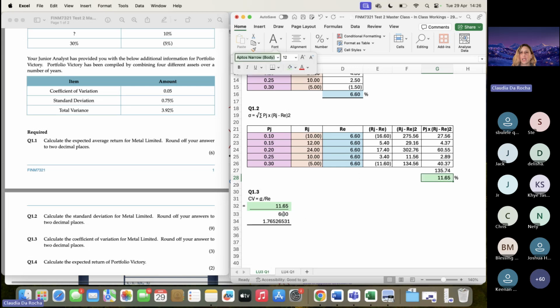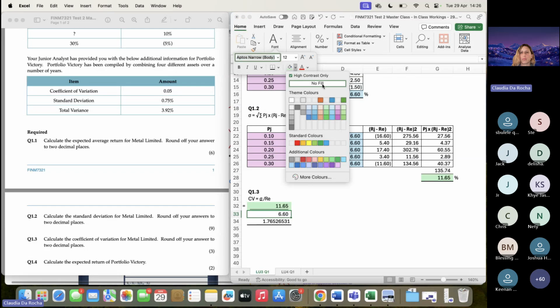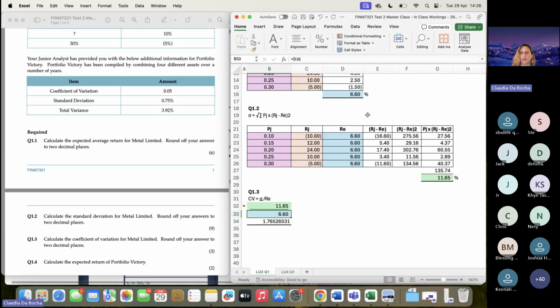And then this number we get from the same place as the blue. That's where we got it from. So it's a carryover. Okay, everyone comfortable with 1.3? That really is marks that you should get because it doesn't matter what you answer for 1.1 or 1.2.